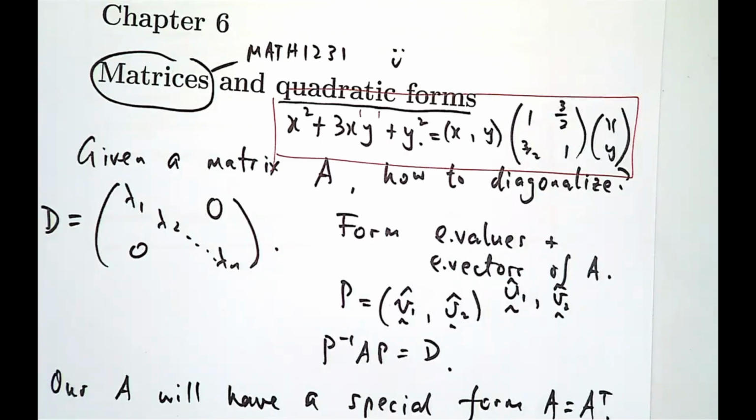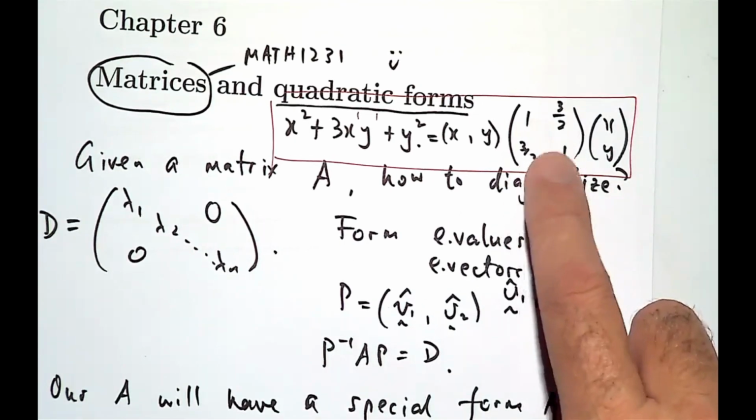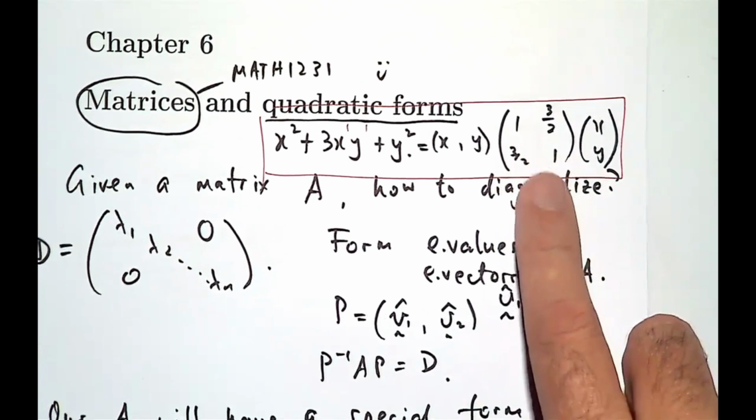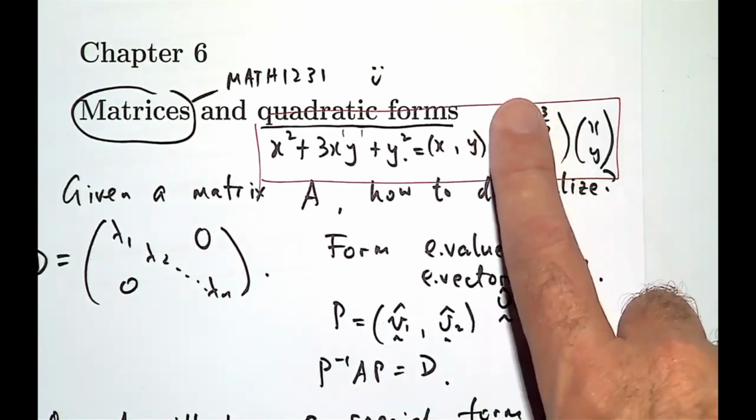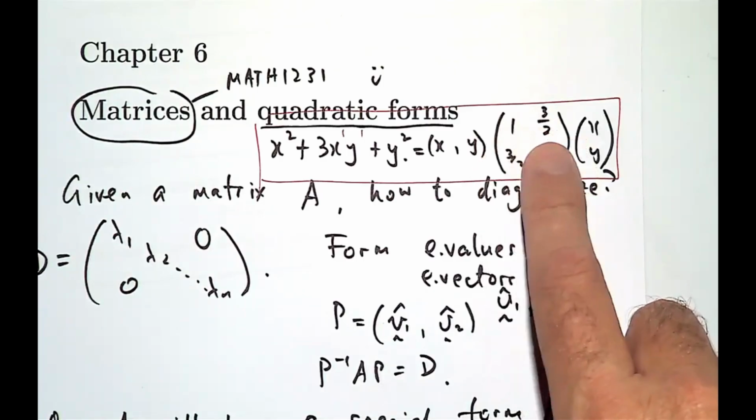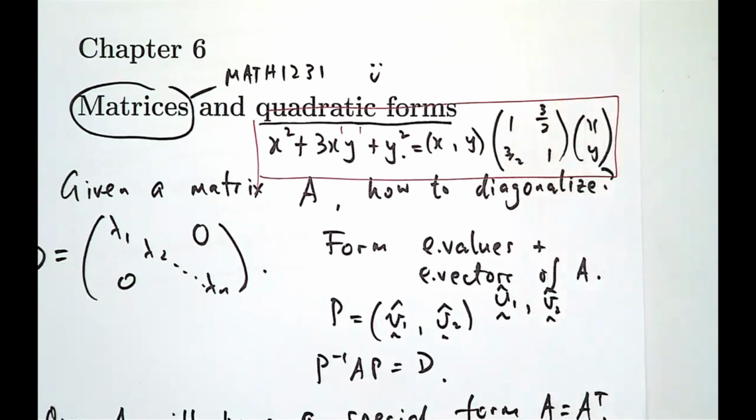All I've done is put the coefficients of the squared terms down the main diagonal, and then halved the other coefficient, the 3 out of the 3xy, and put it in the anti-diagonal positions. So have a look at this one. If I transpose it, do I get the same matrix? That row becomes that column, and that row becomes that column. Yep, it's the same.